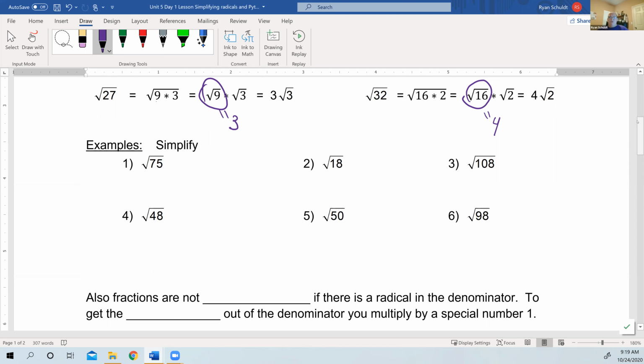If you want to do it this way, you can. I'm going to use the tree method because I've kind of figured out that's what most of y'all are familiar with. So what we want to do is figure out what multiplies to give us this number under the radical. So for 75, I'm going to say 3 and 25.